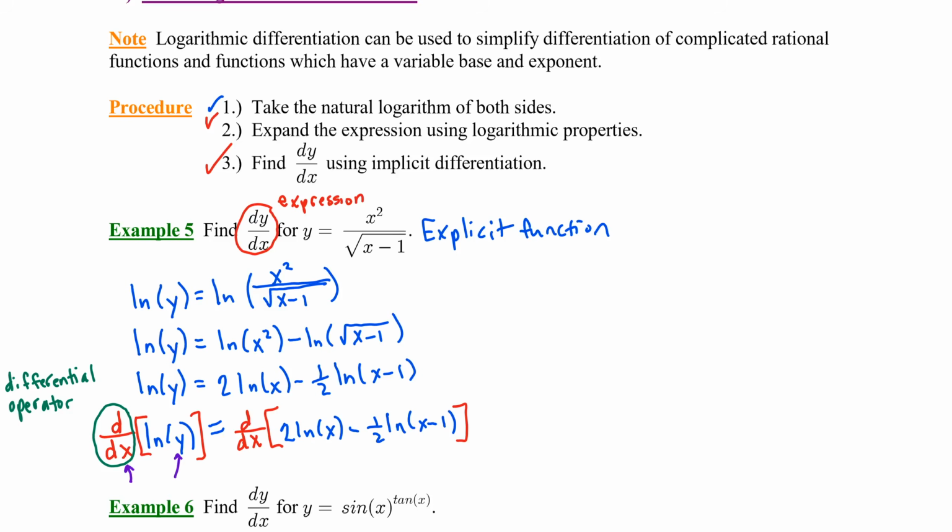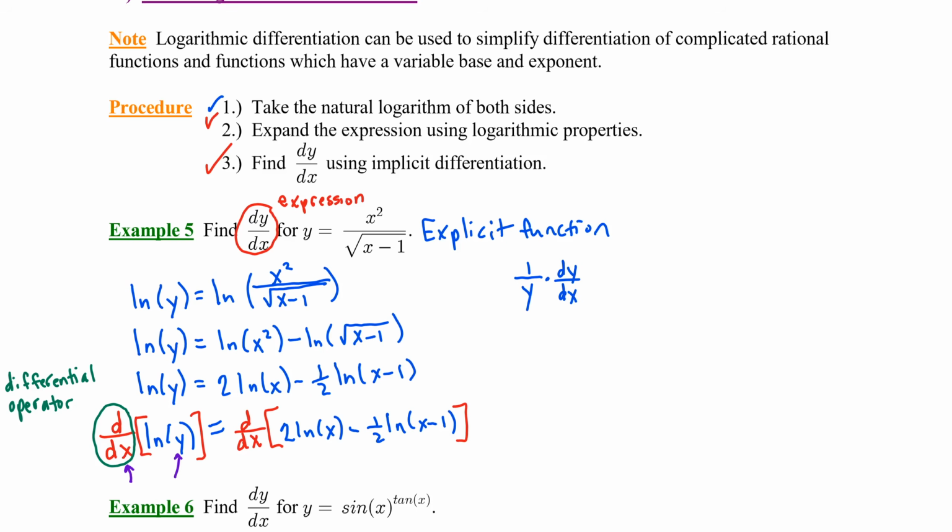No big deal here. We're used to x being independent, but in case you had different variables, you'd be able to identify that. So when I differentiate natural log of y, I'm going to differentiate it like I normally would. That is, I'm going to put the argument in the denominator. But then, because y is a function of x, we're going to have to multiply by its derivative with respect to x. That's the chain rule part.